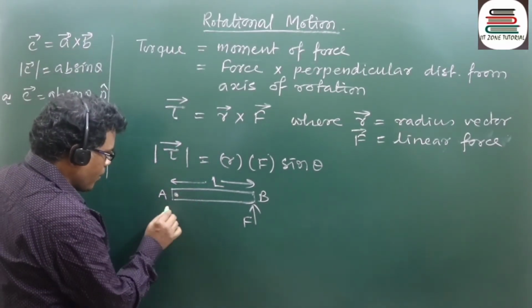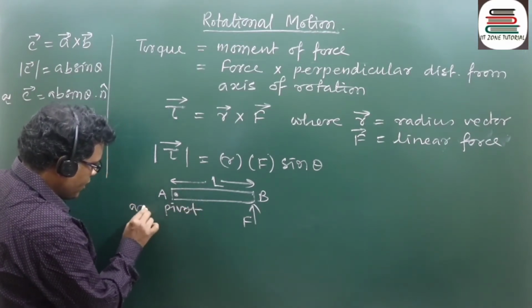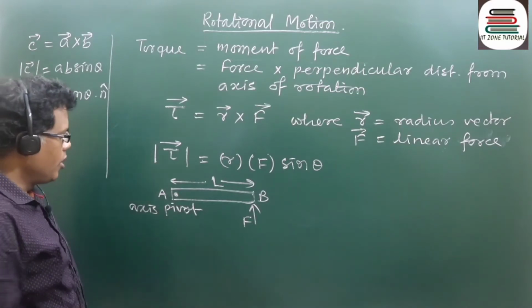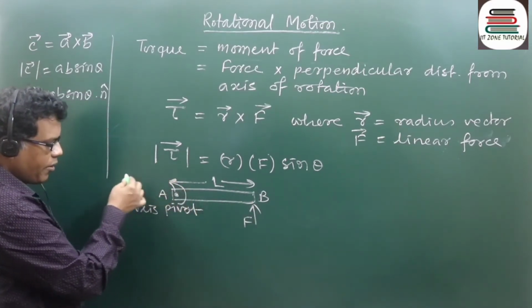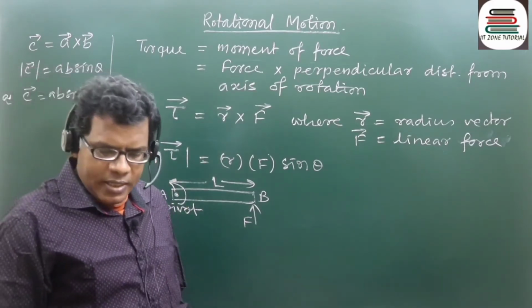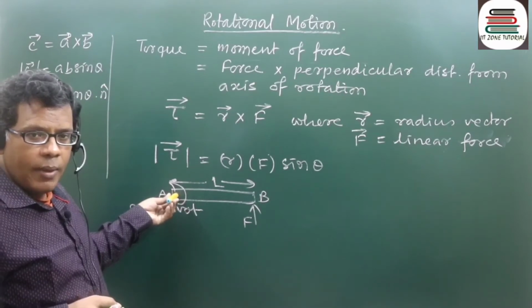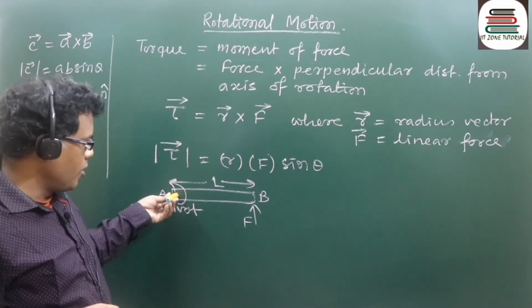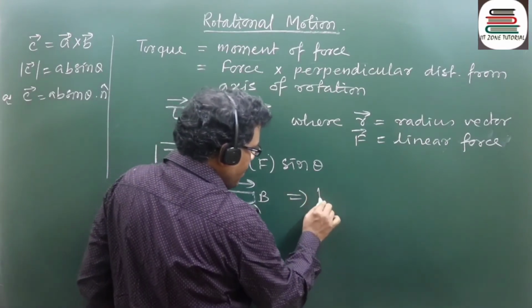This is the pivot, the axis point. Due to this applied force, the rod can rotate about this axis, which passes through this end perpendicular to the rod.